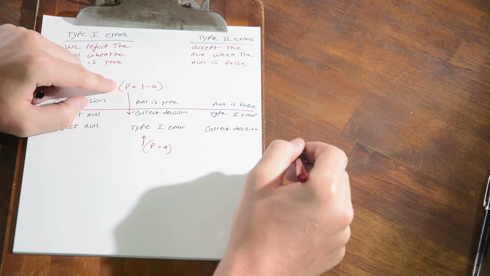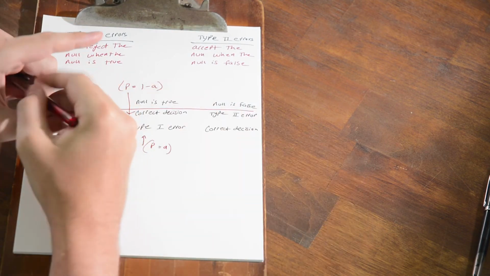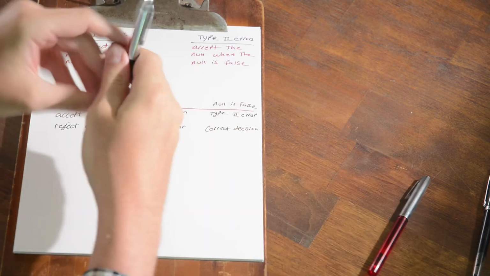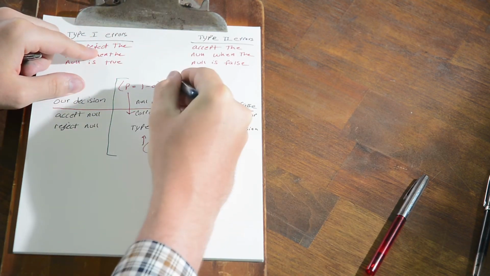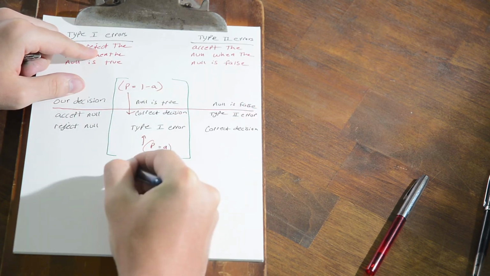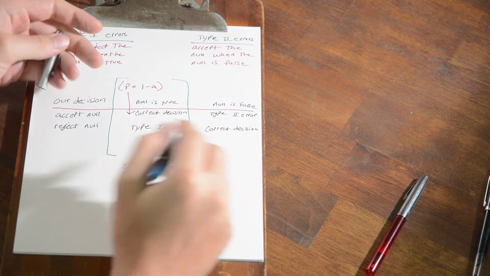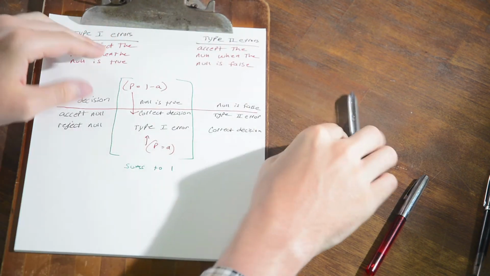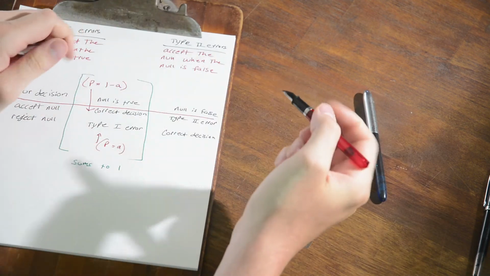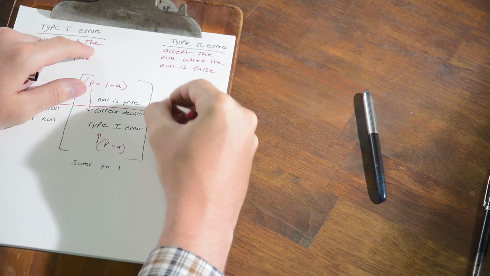Now, you may have noticed that this column sums to 1, and that will be true for our other column as well. We know that whatever occurs here sums to 1. The same will occur over here. For our type 2 error, the probability is equal to beta.